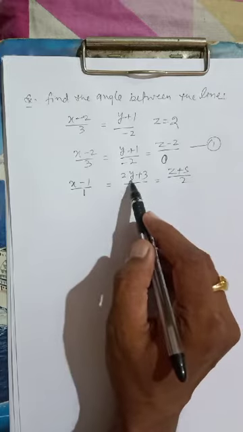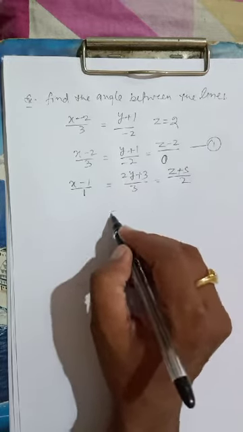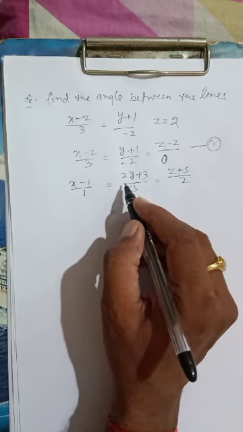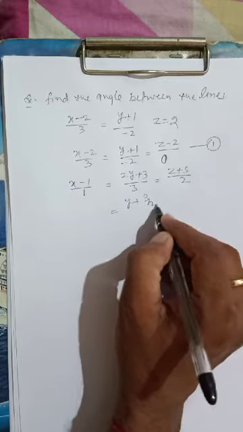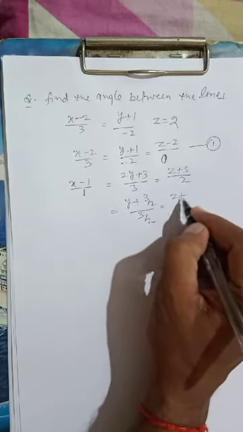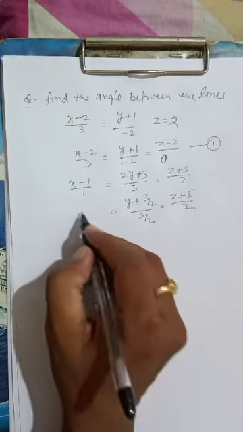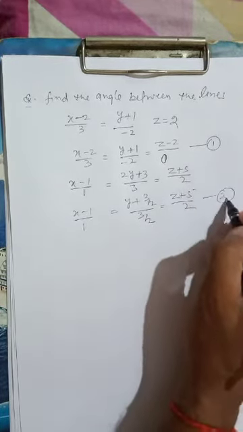So you simplify it, divide by 2 in numerator and denominator, you get (y plus 3 by 2) upon 3 by 2. And this is (z plus 5) upon 2, and this is (x minus 1) upon 1.